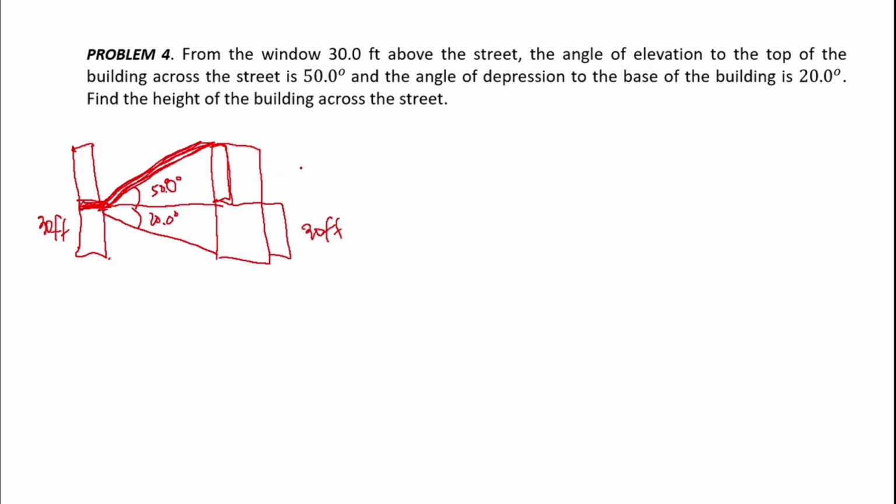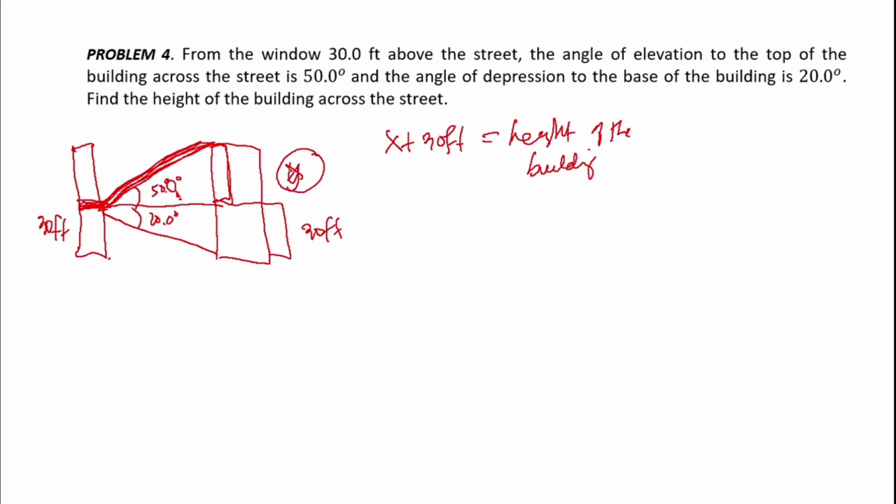If this is our x, then x plus 30 feet would be the height of the building. In order for us to get x, we first need the value for this part also here.